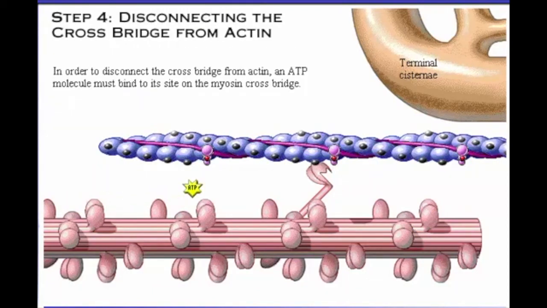In order to disconnect the cross-bridge from actin, an ATP molecule must bind to its site on the myosin cross-bridge.